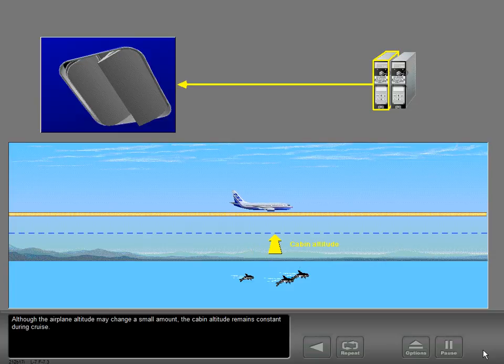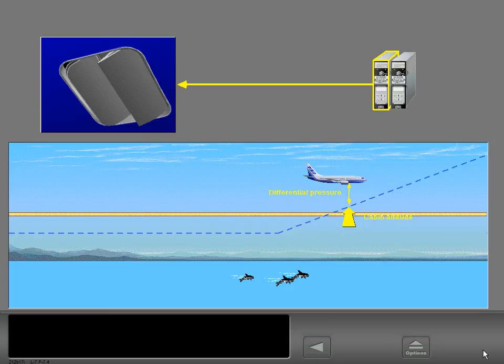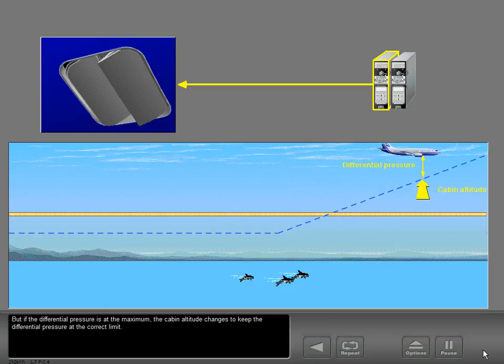Although the airplane altitude may change a small amount, the cabin altitude remains constant during cruise. But if the differential pressure is at the maximum, the cabin altitude changes to keep the differential pressure at the correct limit.